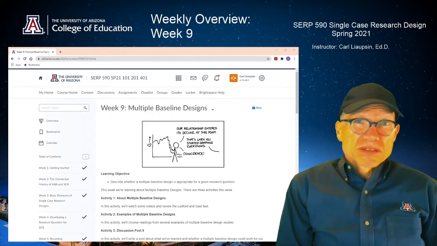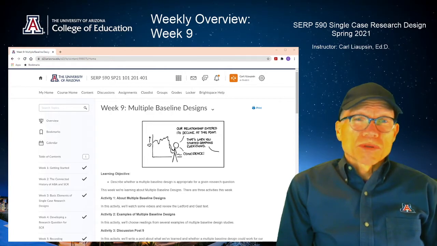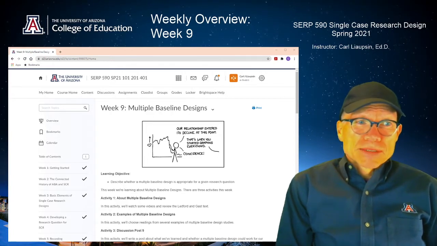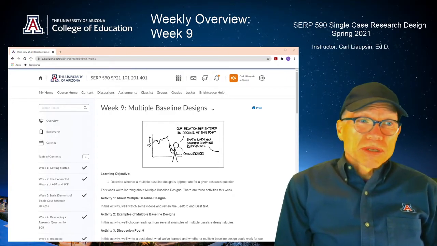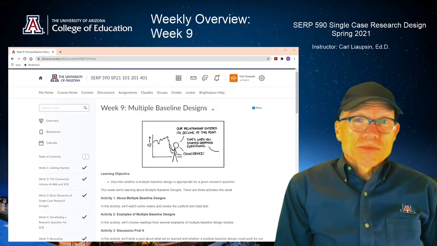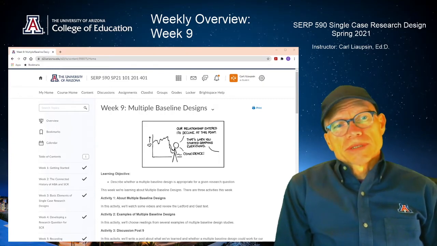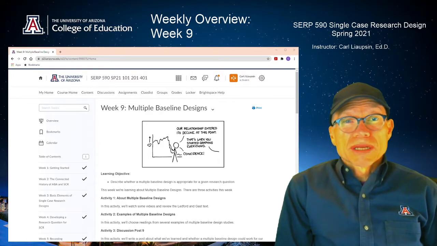And sometimes it's just preferable over an A/B in any case, but we'll learn more about that. So the objective this week is much like last week. It's to describe whether or not this particular design is appropriate or can be applied to your research question and how.